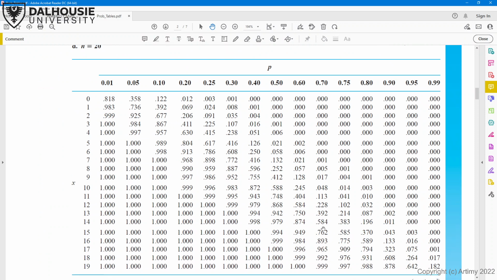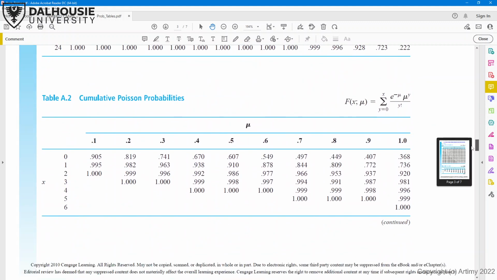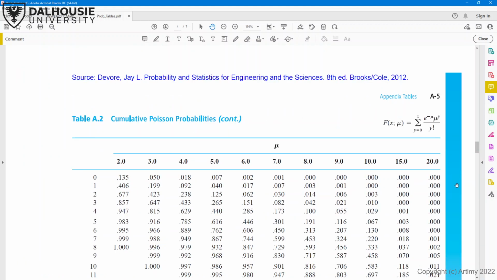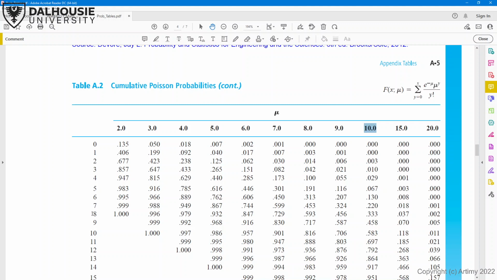So here is binomial. Sorry, not binomial, Poisson, sorry, Poisson. The average is, in our case, 10, so this doesn't work because the tables here show 0.1, 0.2, so that doesn't work. Here we have an average of 10, so that's good. And we're looking for the probability of 8 here.